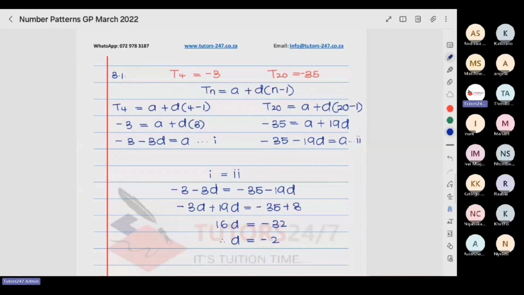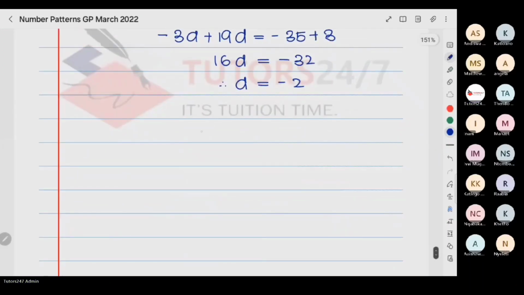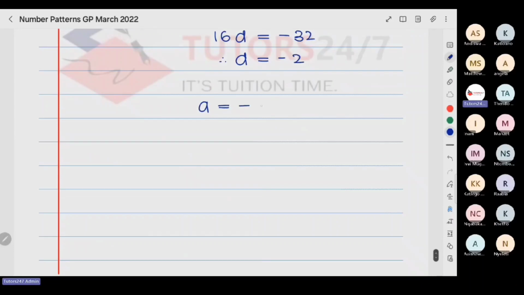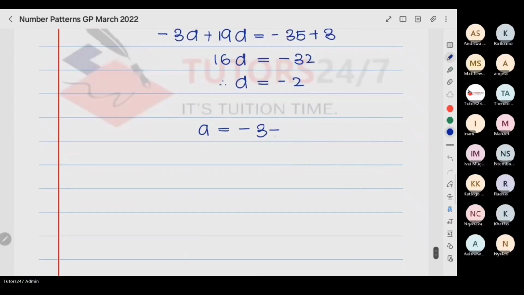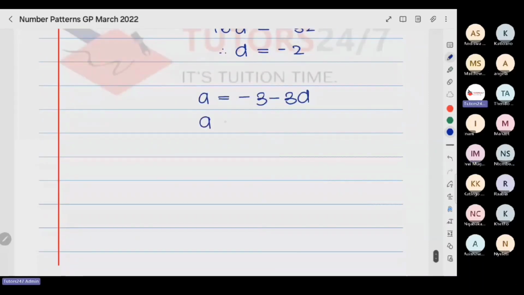If we want to find the next term, you just keep on adding negative 2 to the previous term to get the next term. Now, if we want to find A, I'm going to use equation 1. Keep in mind, you can use equation 1 or equation 2. It doesn't matter. So we substitute D as negative 2.